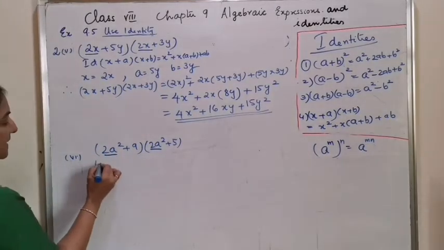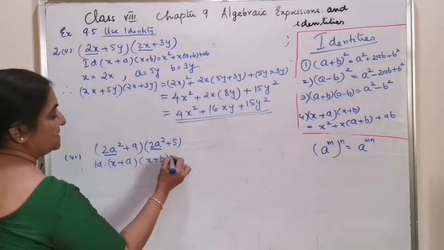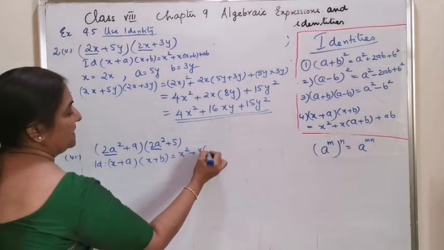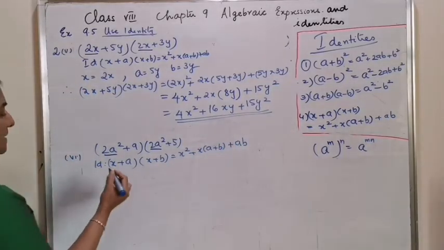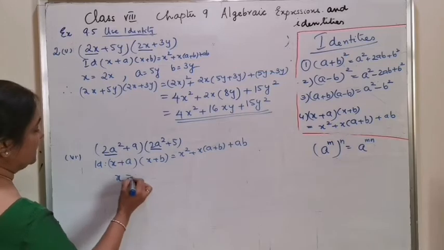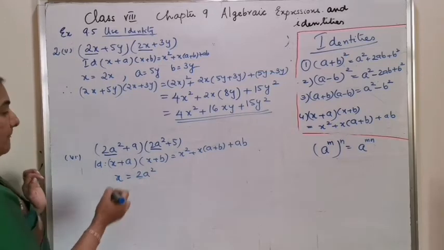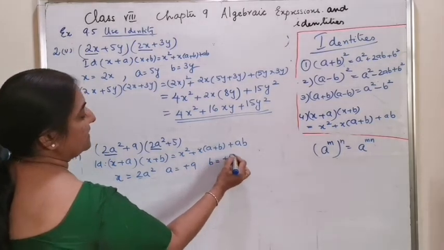Similarly, the identity is (x plus a) into (x plus b) is equal to x square plus x into (a plus b) plus ab. Your x is 2a square, a is plus 9, b is plus 5.